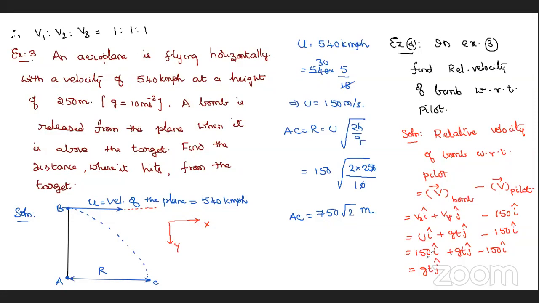So you are getting the relative velocity along the y-axis. Are you finding any relative velocity along the x-axis? No. That's the conclusion: along the x-axis, there is no relative velocity.